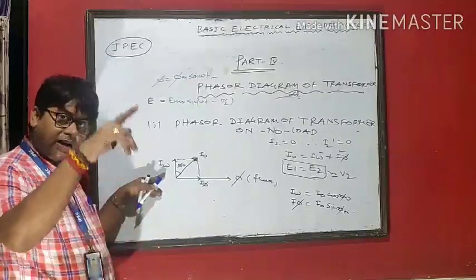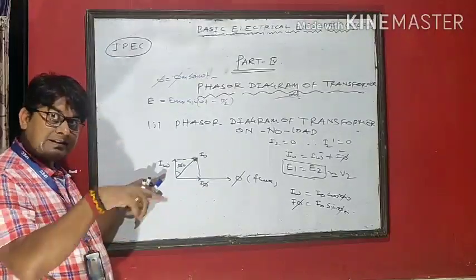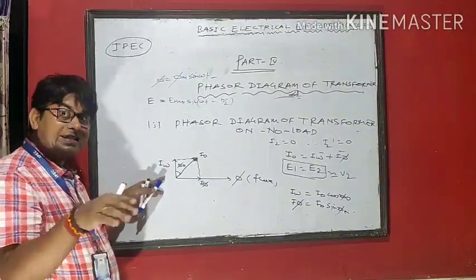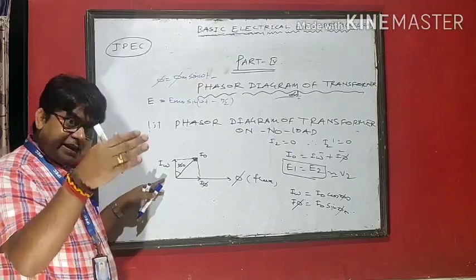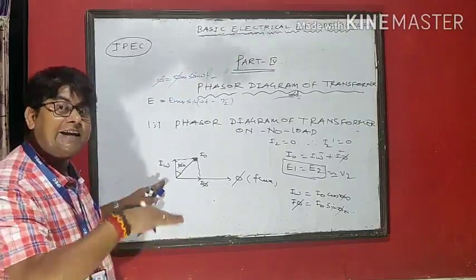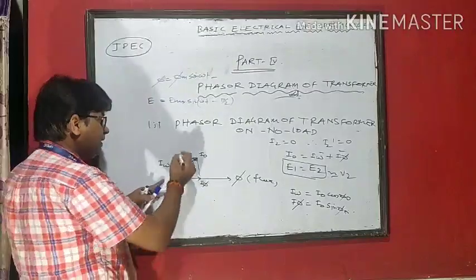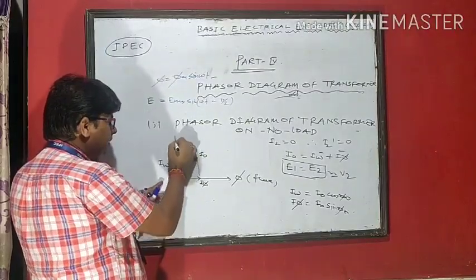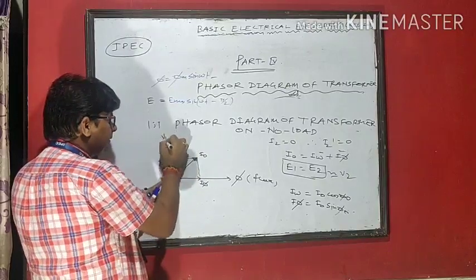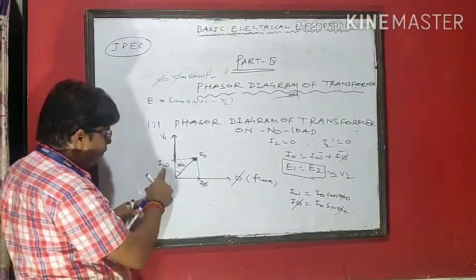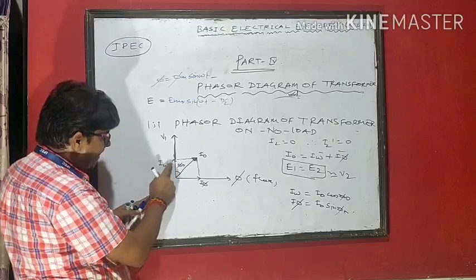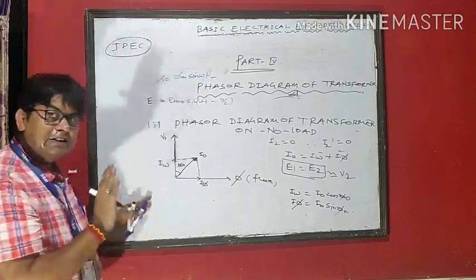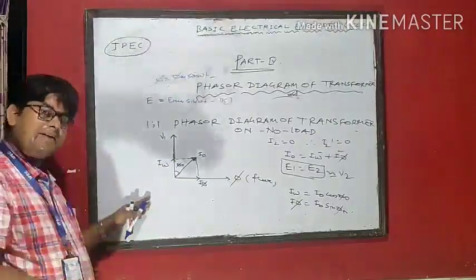In the case of resistance, voltage and current are in the same phase. That means the angle between I W and V1 is 0. Same phase means the same line.